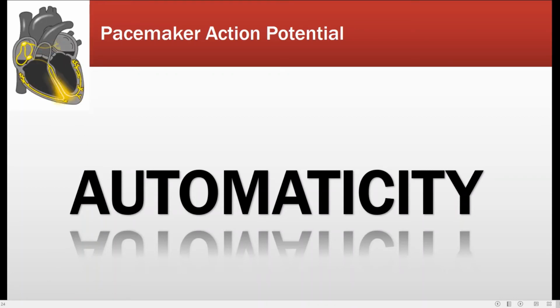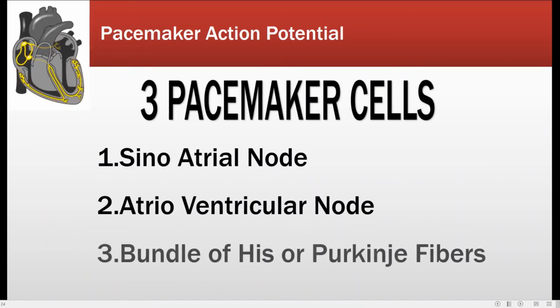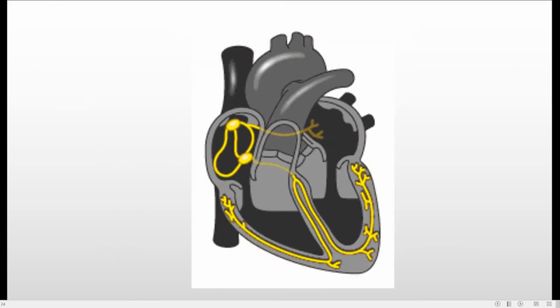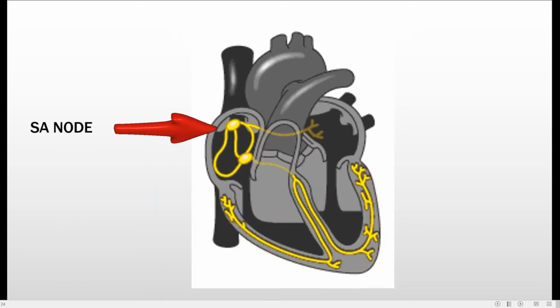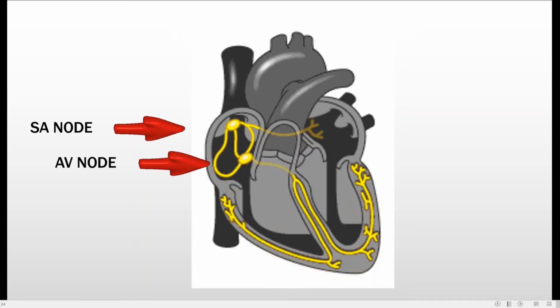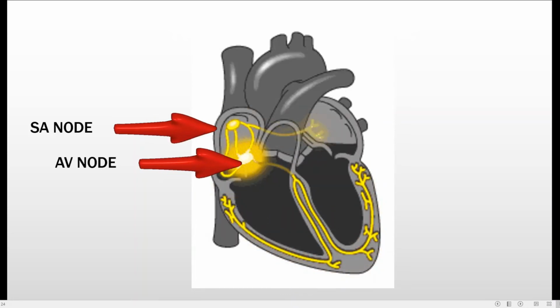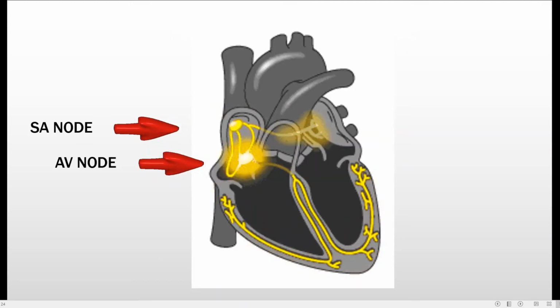Okay, and your pacemaker cells, we have three types of pacemaker cells located in your heart, namely sinoatrial node, atrioventricular node, and bundle of His or Purkinje fibers. Now, these cells are located here. So this part is your sinoatrial node, and then this one is your atrioventricular node that is located in between your atrium and your ventricle.